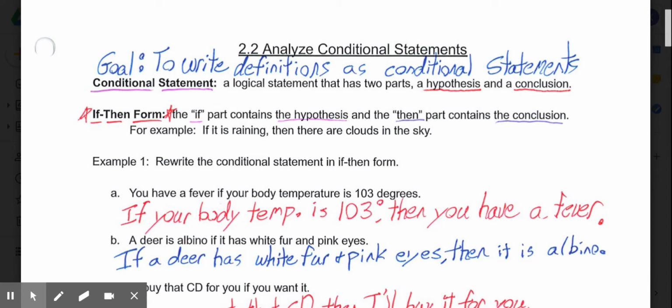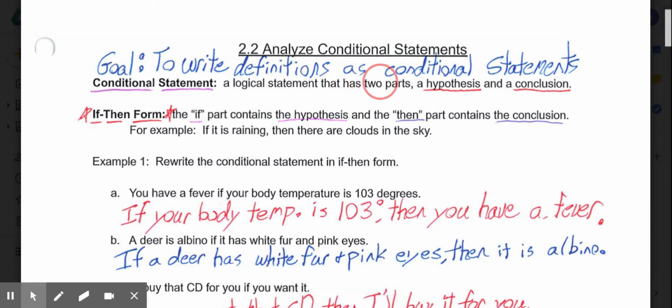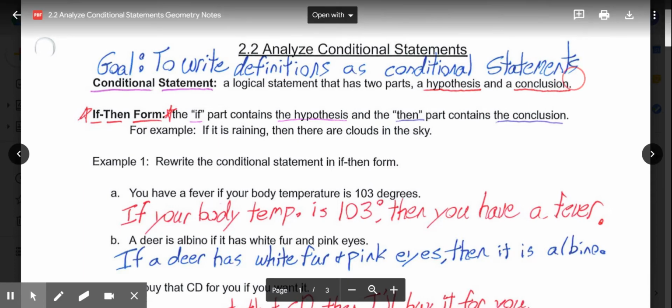So today's lesson is basically around this idea of conditional statements, which are logical statements with two parts, a hypothesis and a conclusion. Now, in mathematics, remember that a single statement is either true or false.